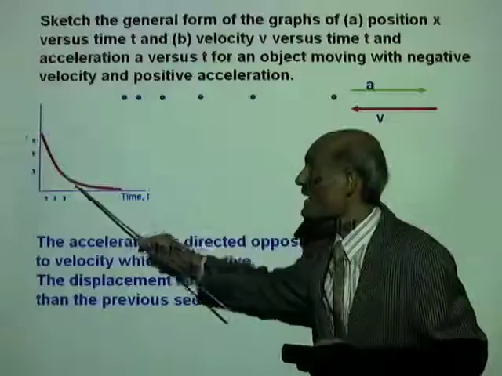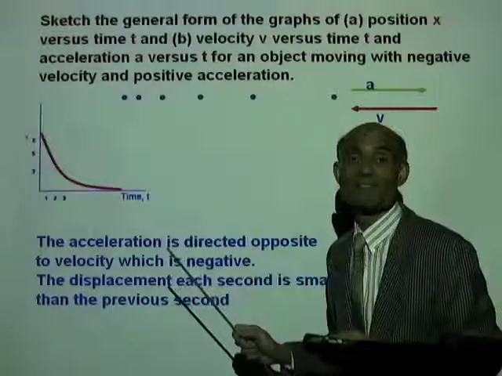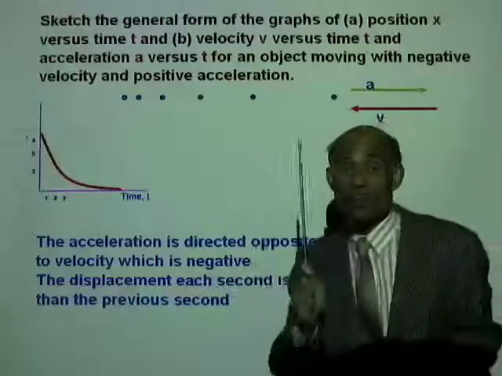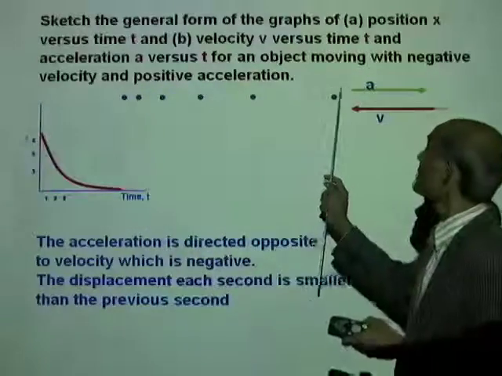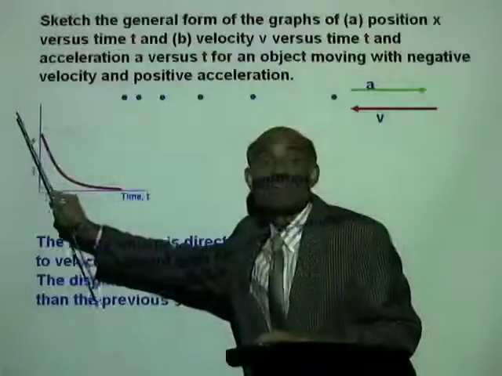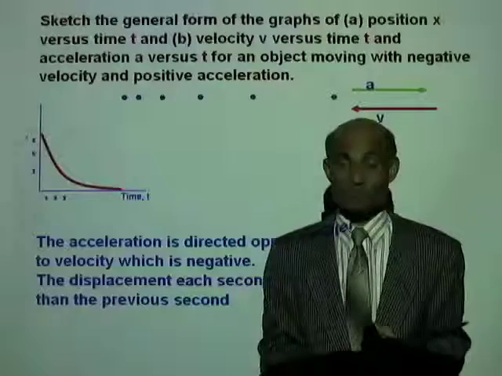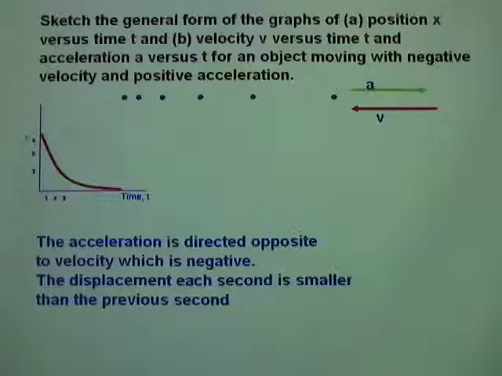Alright, look at the graph there. The graph is concave up. The acceleration is positive. Whenever the acceleration is positive, the position graph will be concave up. In other words, it is like this.